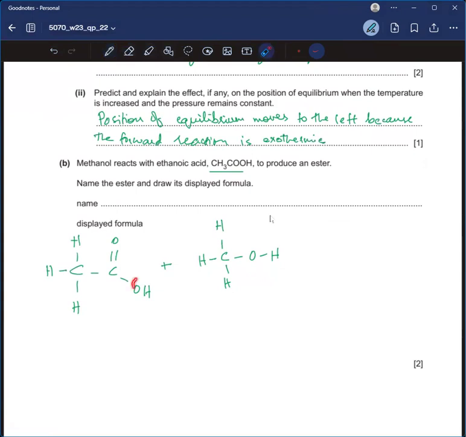H from the alcohol and OH from the carboxylic acid would be removed to form water. In A levels you will learn that during the process of esterification, OH is being removed from the acid and H is being removed from the alcohol.